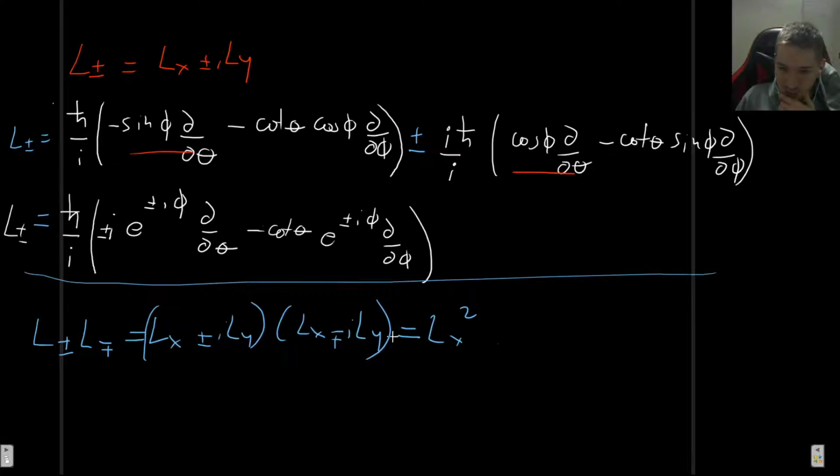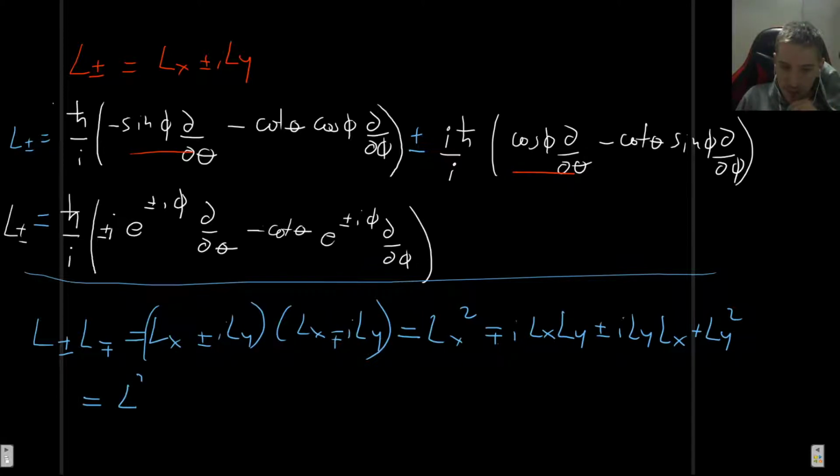So Lx squared, then we get minus plus i Lx Ly plus or minus i Ly Lx, and then we have plus times minus, minus times plus, so this is always going to be a minus sign, but i squared, which is another minus sign, so we get positive Ly squared.